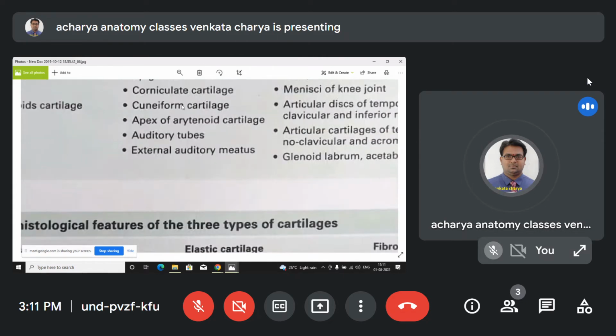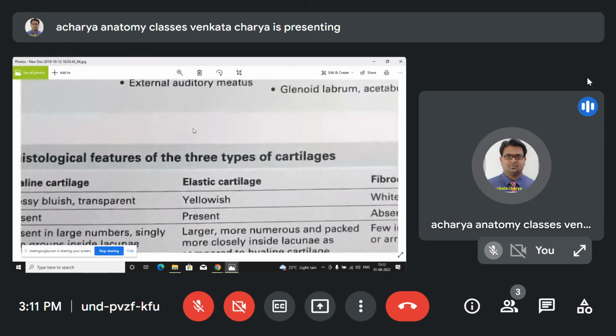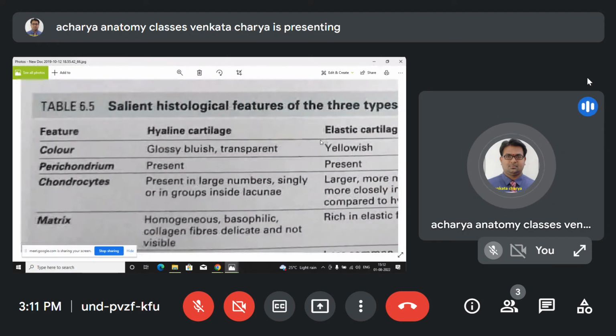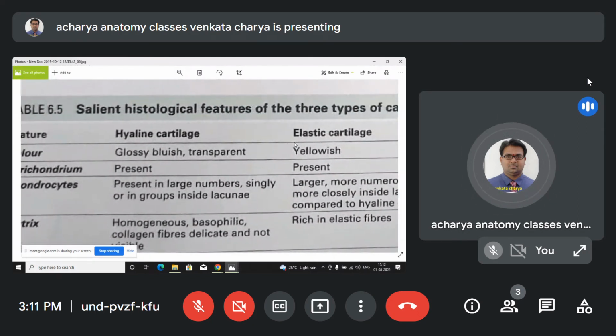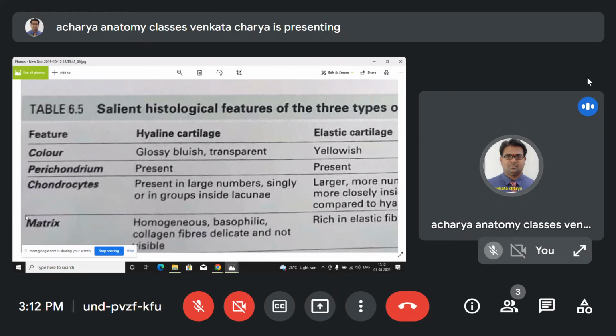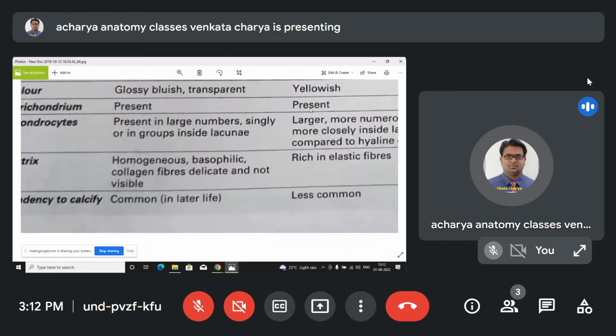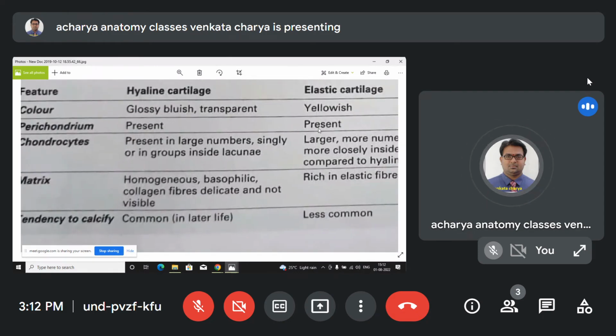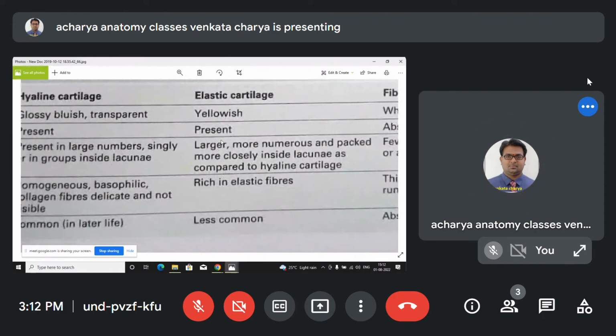Okay. Next, elastic cartilage is a yellowish color. Then perichondrium is present. And there is a presence of large chondrocytes in the matrix.